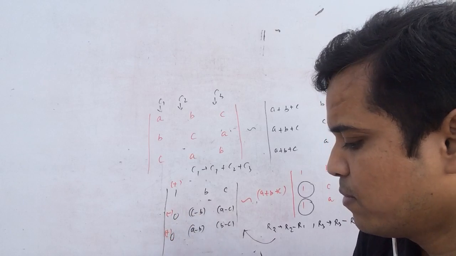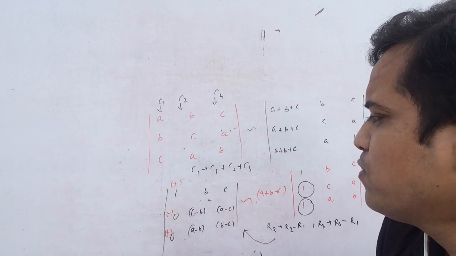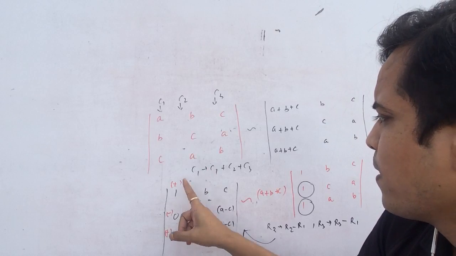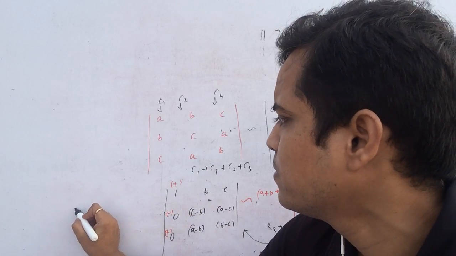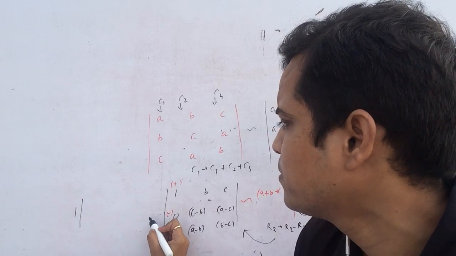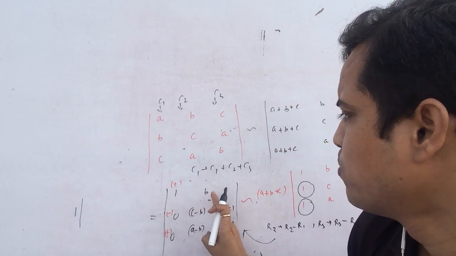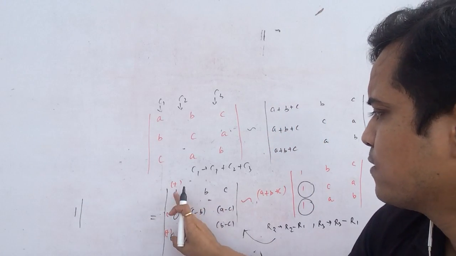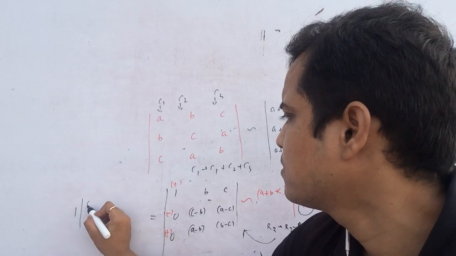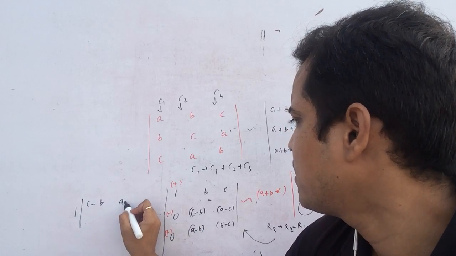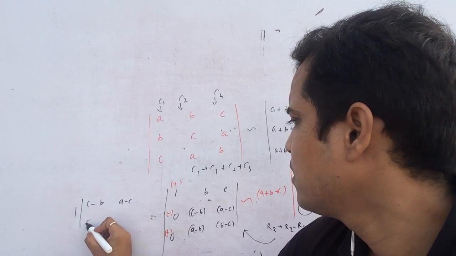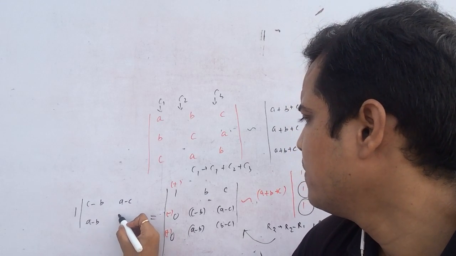Since you have to expand along C1, you have plus 1. Remove this row and this column, you would get c minus b, a minus c, a minus b and b minus c.